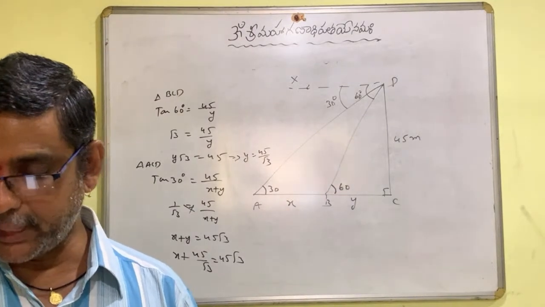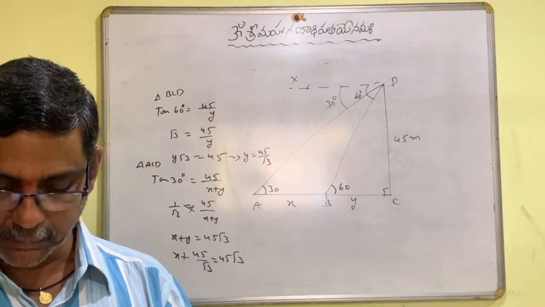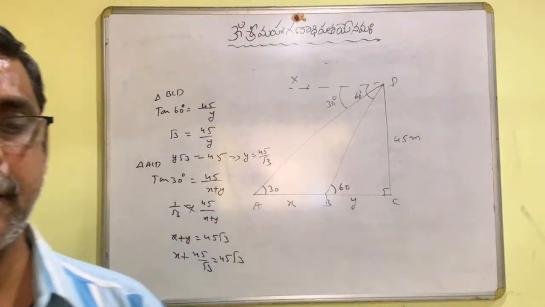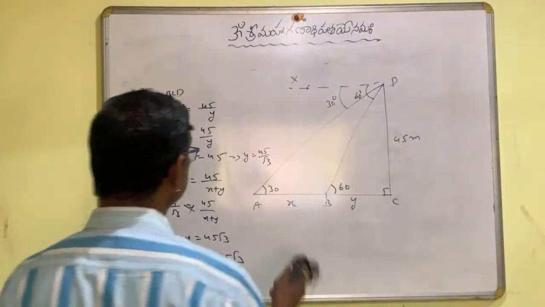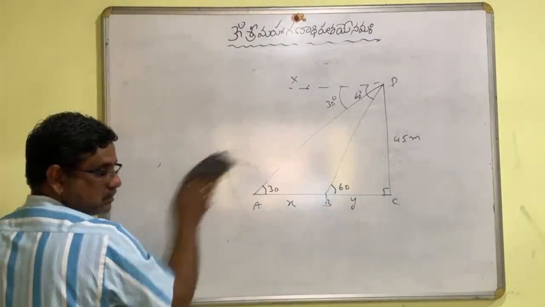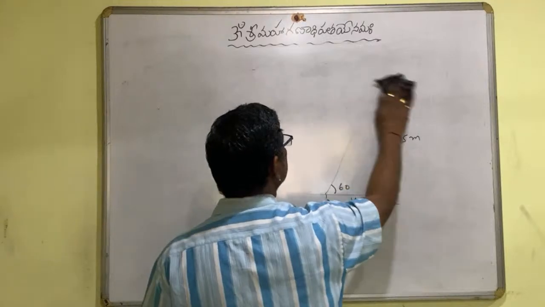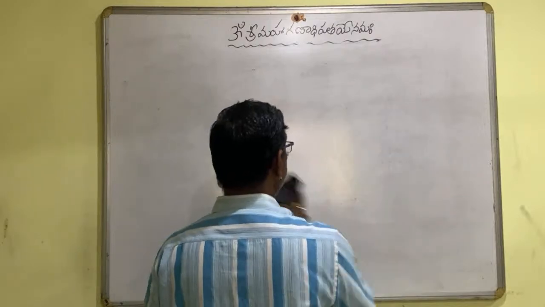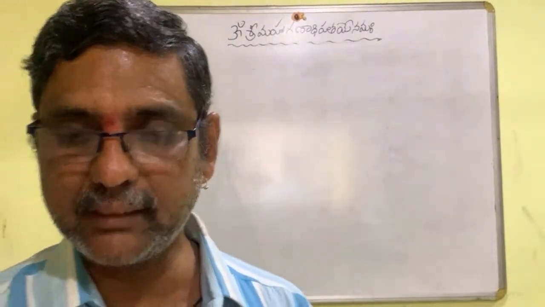Next question. The perimeter of a certain sector of a circle of radius 5.6 meters is 20. Find the area of the sector. Perimeter of the sector is 20, and he is asking to find the length of the arc.